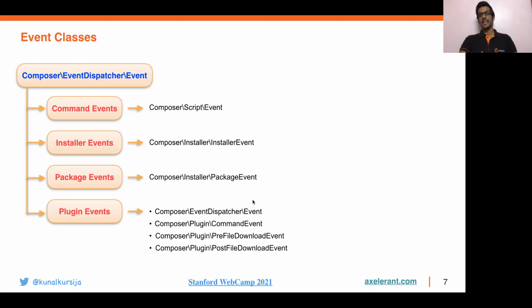So let's say you are writing a script in composer. Depending on the type of event you choose from these categories, your script callback is going to get a different object, and that object is going to be based on the type of event you are writing in your code. Again, that is dependent on the type of category you choose.